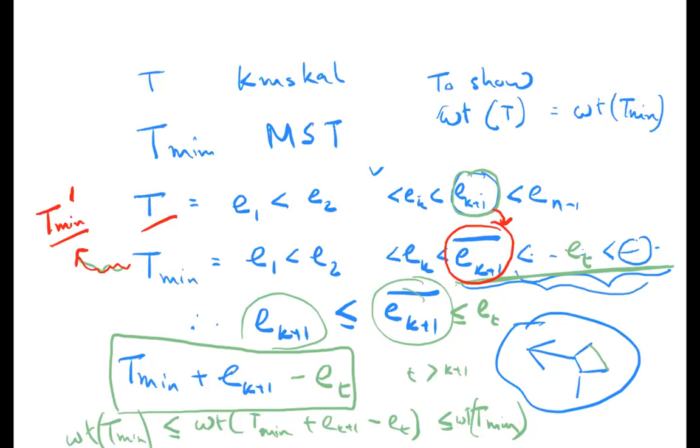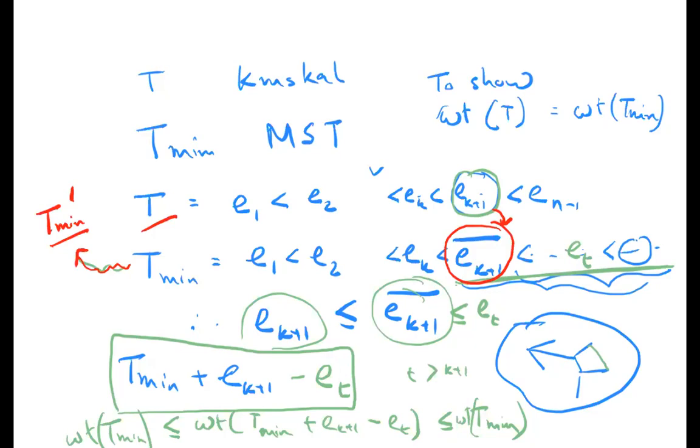Okay. So I started with the T min that matches with the first K edges, then it produced another MST that matches with K plus 1 edges. So by repeating this whole process, by induction, you can prove that the weight of T is exactly equal to the weight of the minimum spanning tree.